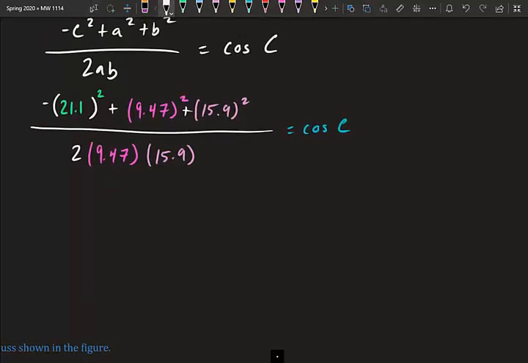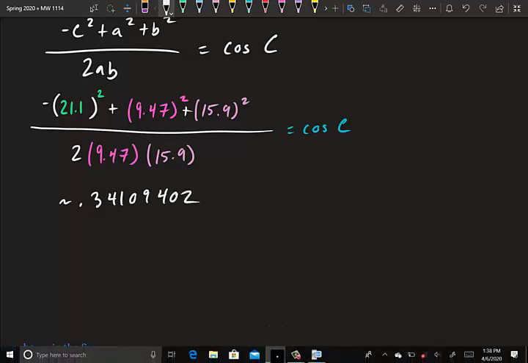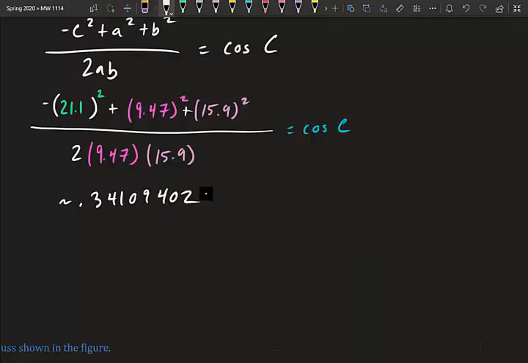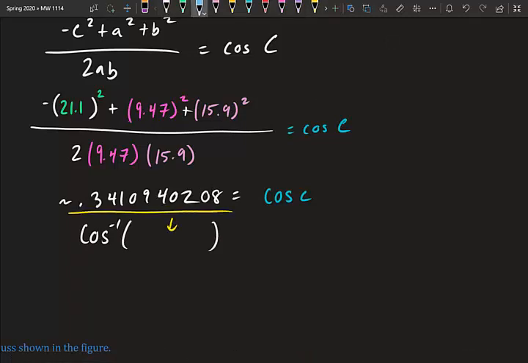So when we plug this into our calculator, we get cosine c is approximately negative 0.34109402808. And that was what cosine c was. So then we take the inverse of cosine. All right, plug our decimal in. So we get c is approximately 109.9 degrees.